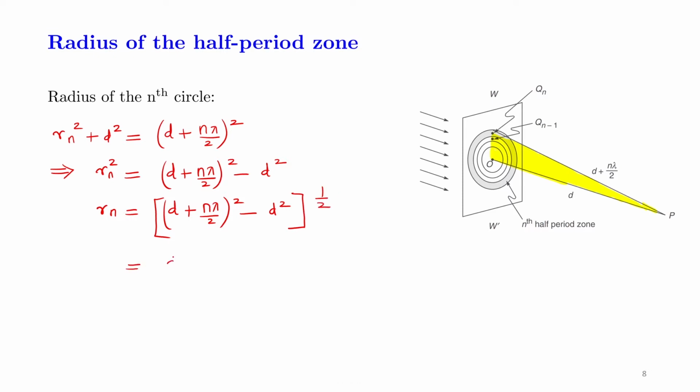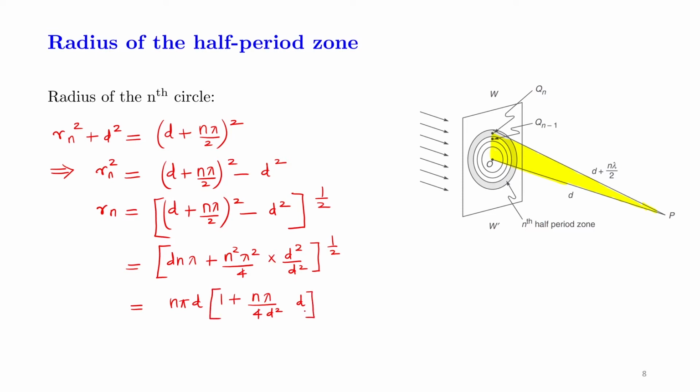This is dn lambda plus n square lambda square divided by 4, multiplied by d square over d square, to the power of 1 by 2. And again, n pi d, then 1 plus n lambda divided by 4 d square d, to the power of 1 by 2.